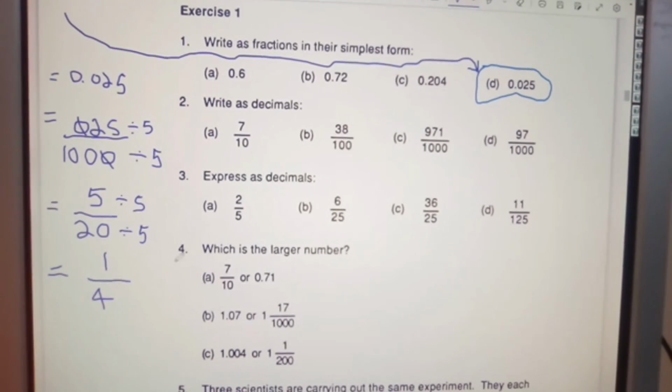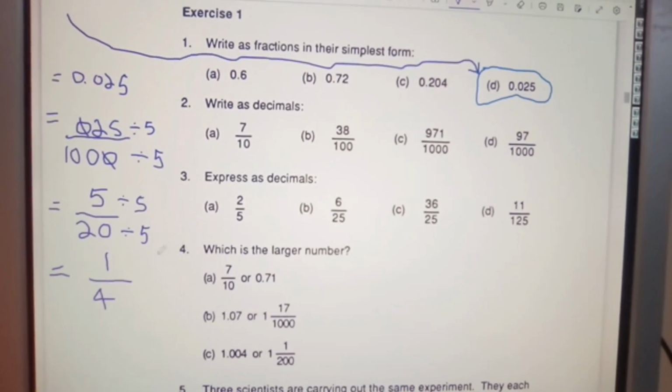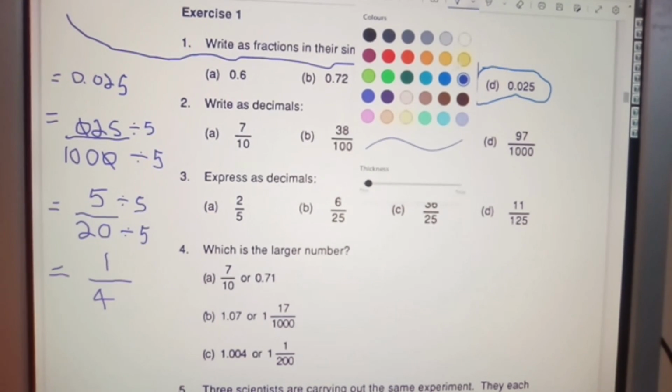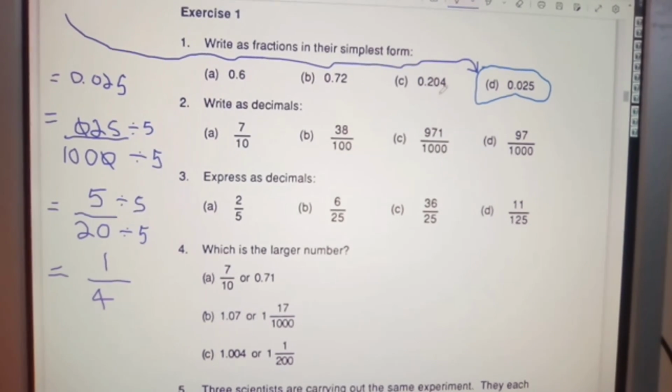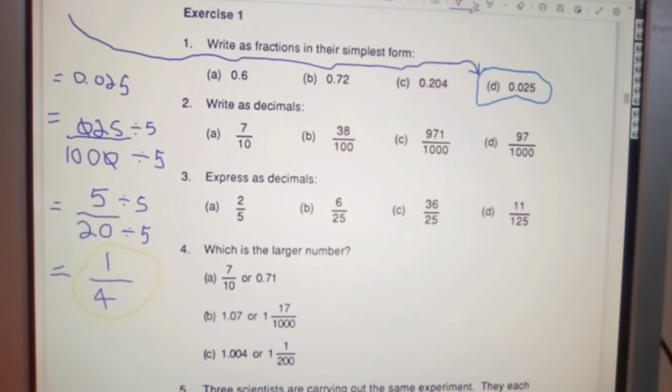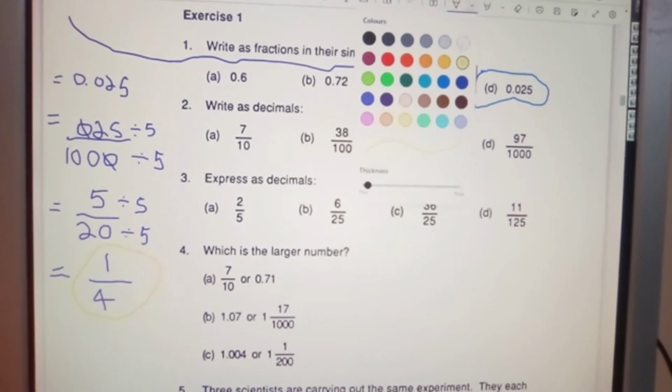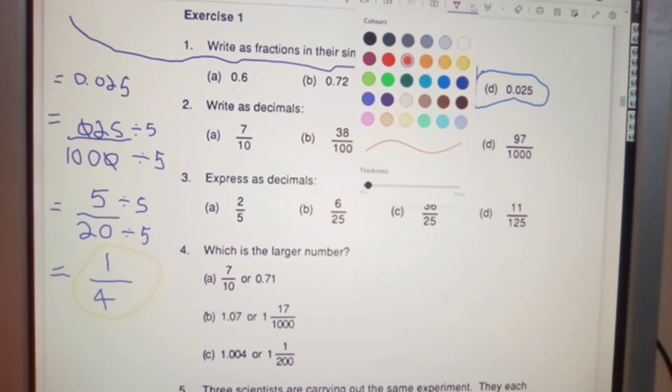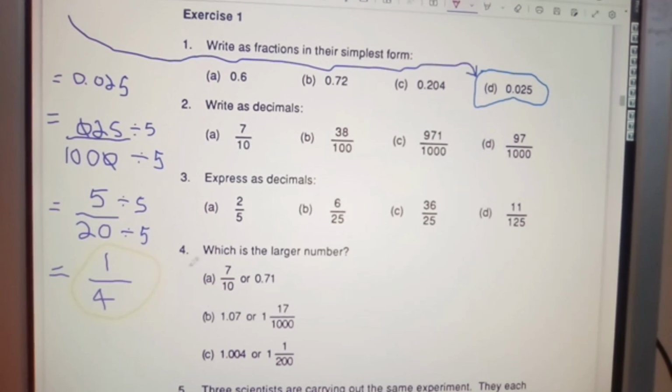Now I'm saying that this here, let me change my color pen. I'm saying that there is equivalent to, again I'm changing my pen, equivalent to this here.